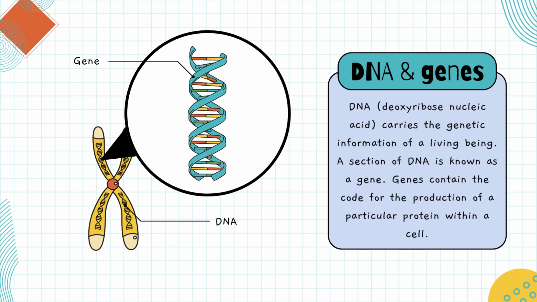A gene is simply a section of DNA that contains the specific code for producing a particular protein. Proteins are the workhorses of the cell, responsible for carrying out a myriad of functions that keep an organism alive and well. In essence, genes serve as the instructions for building and maintaining the complex machinery of life.